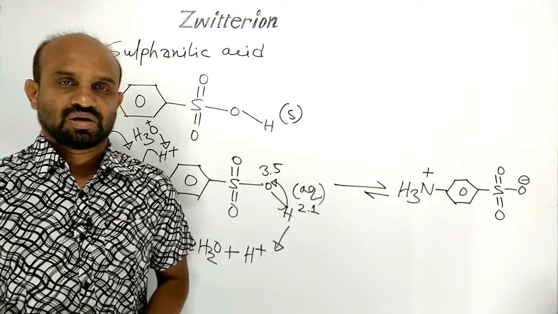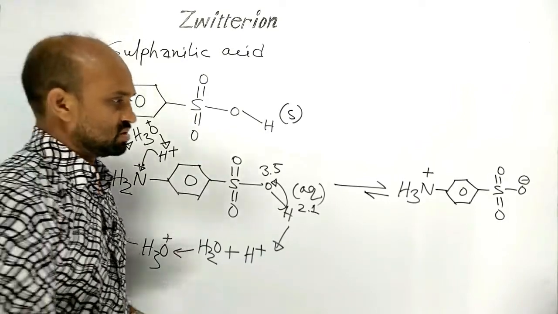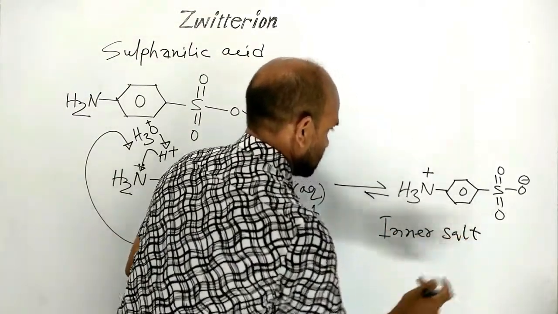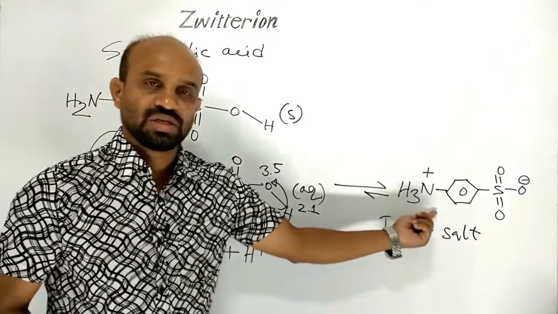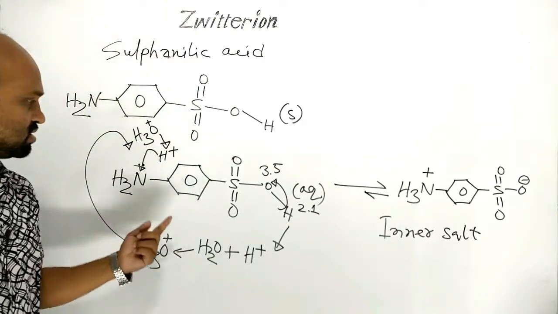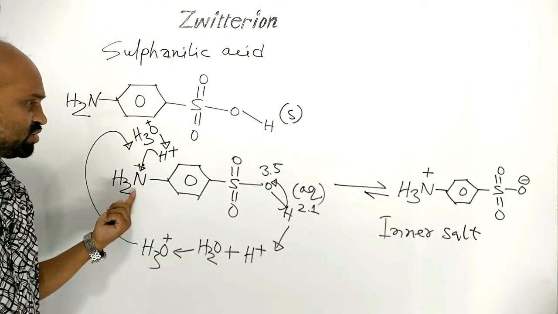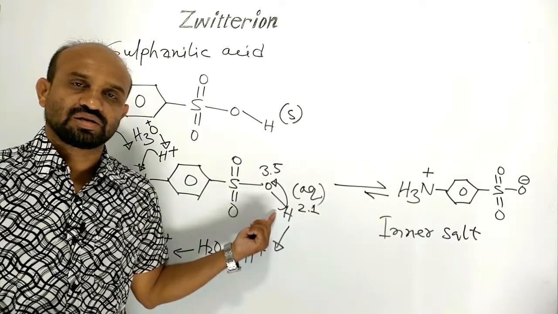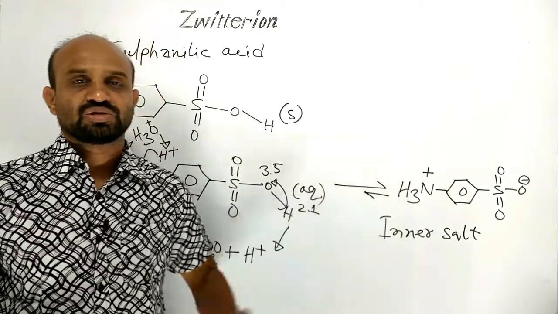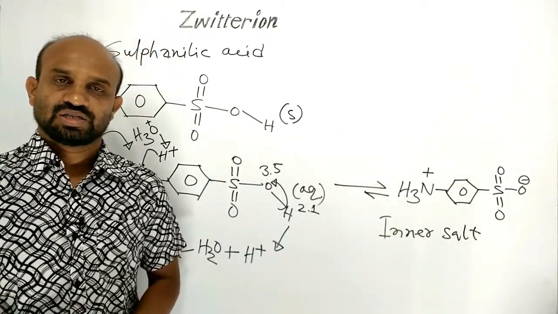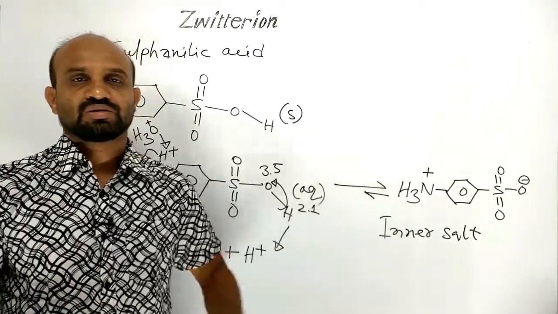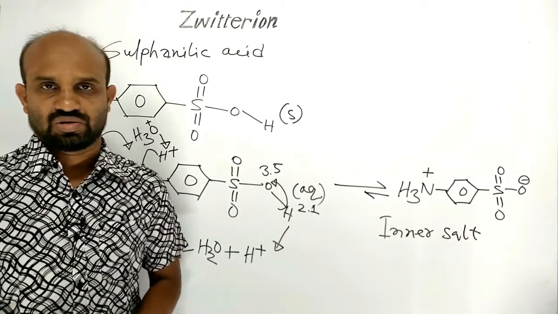Zwitterions are sometimes referred to as inner salt, because it's a kind of salt that is formed through reaction between the basic amino group and the acidic sulfonic acid group. That is, it is formed through an intramolecular acid-base reaction. That is why Zwitterions are sometimes referred to as inner salt.